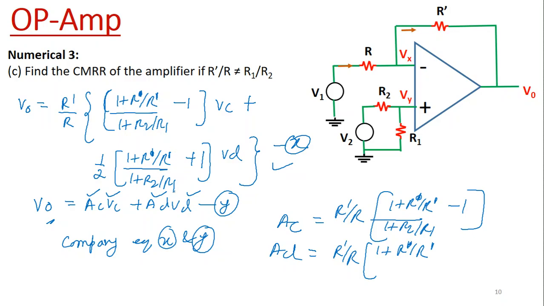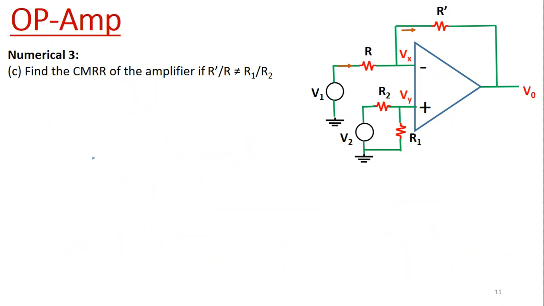When we compare both equations, we get AC is equal to R dash by R into 1 plus R by R dash upon 1 plus R2 by R1 minus 1, and AD is equal to R dash by R into 1 plus R by R dash divided by 1 plus R2 by R1 plus 1, multiplied by 1 by 2. Half will be there because half is here.